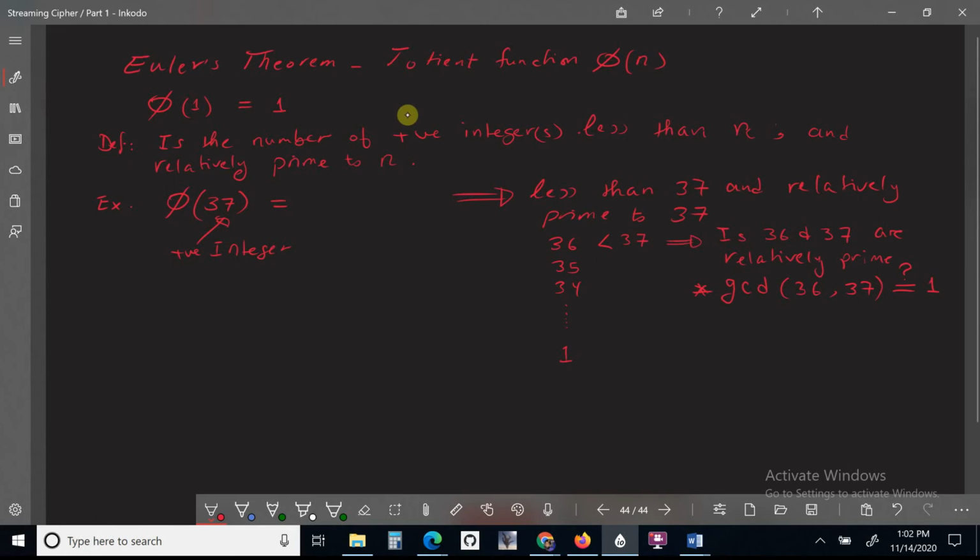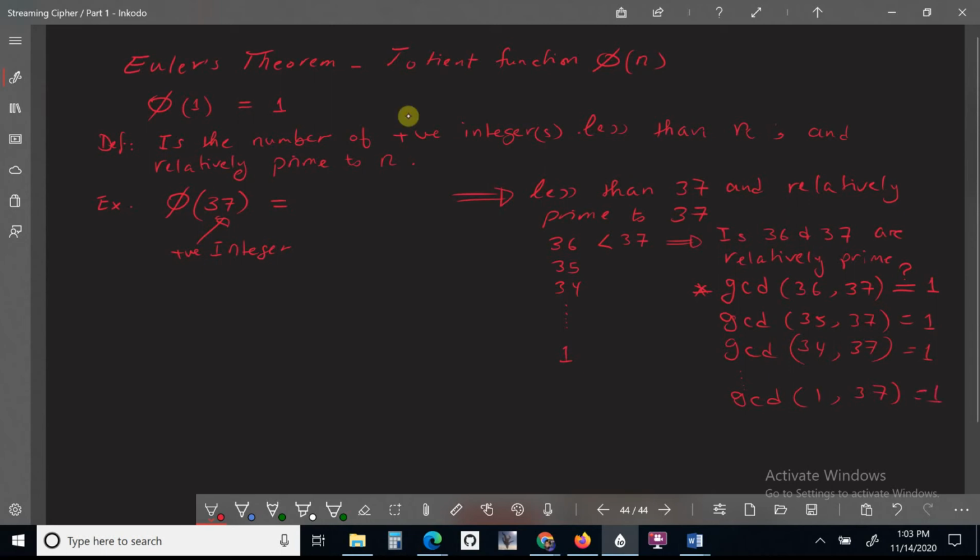The same thing applies to 35. The GCD of 35 and 37 is 1, and the GCD of 34 and 37 is 1. And actually, if you perform this all the way to 1, you find the GCD between 1 and 37 is obviously 1.